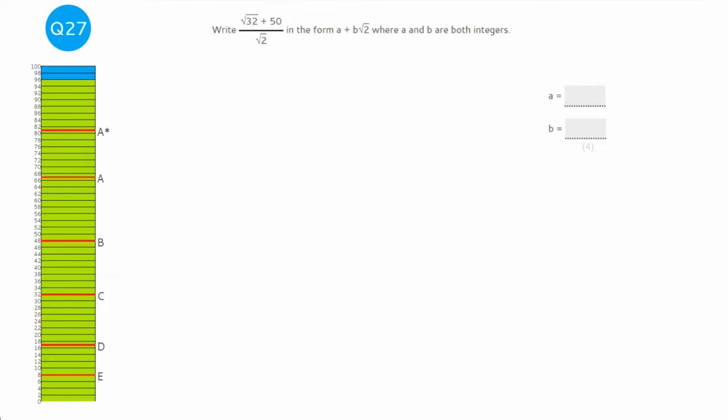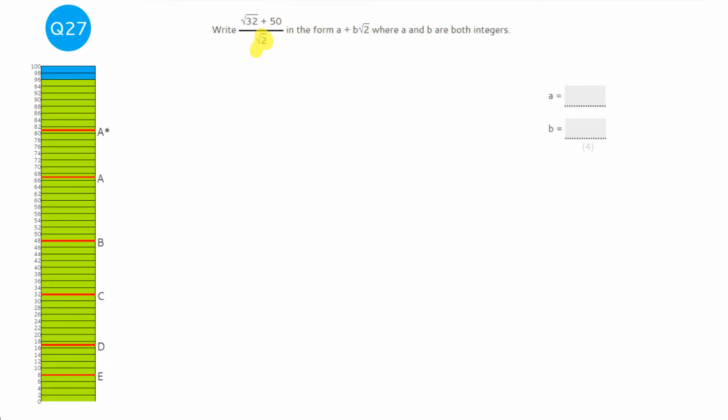So, we need to write a surd fraction as just an expression, and whenever we are doing that, we are rationalizing the surd. Now, rationalizing just means getting rid of the surd from the bottom, okay?